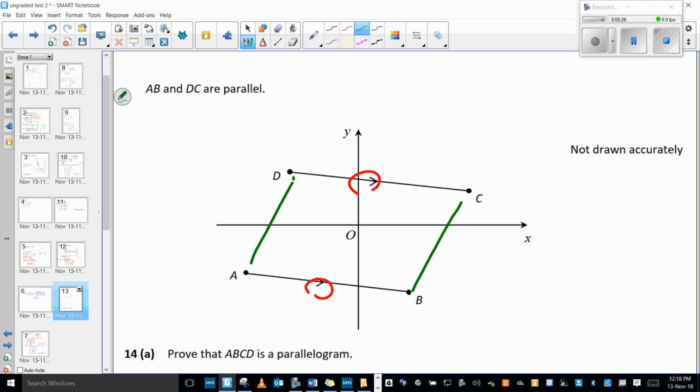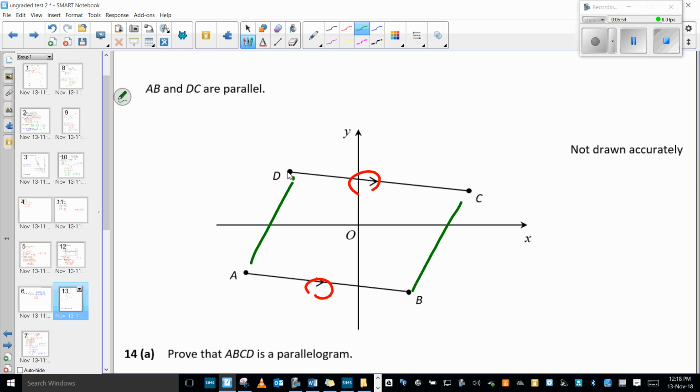Are you all accepting of that? Prove that questions are trickier in that often students look at them and are not really sure what they're supposed to do with them. So this is where we're having this discussion. You know that if you prove that they are parallel to each other, it means that it's now a parallelogram. So how are you going to do that? You're going to find the gradients of AD and the gradients of BC.